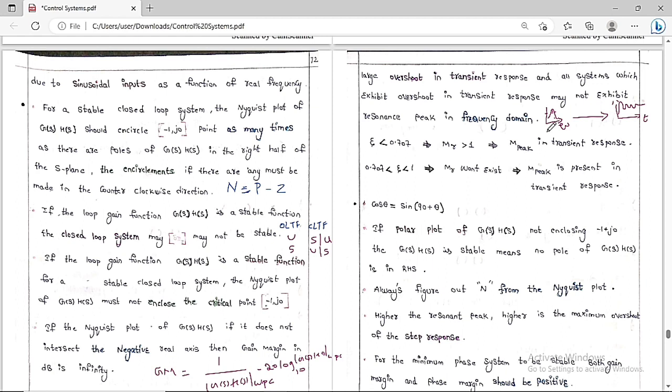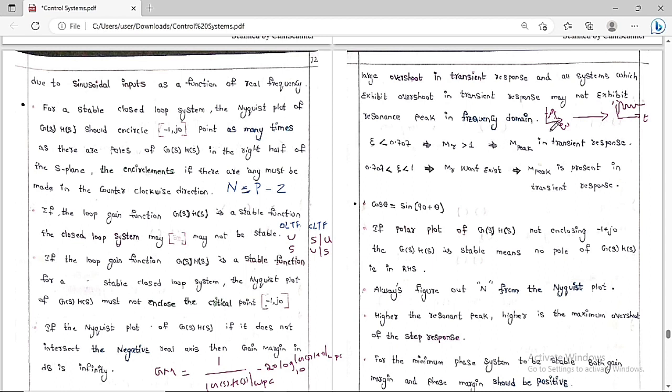But vice versa is not true. If this is true then compulsorily that is true, but if that is true then this is not compulsorily true. So only if you have a resonant peak in the frequency domain can it confirm that there is a peak in the time domain, but not vice versa.